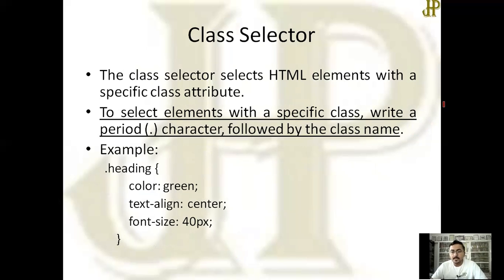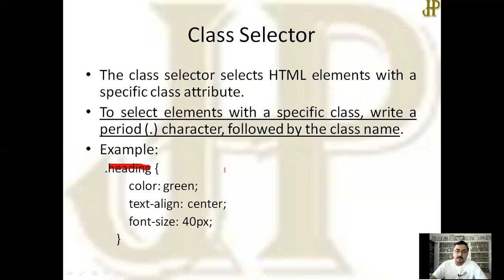We are occupying more than one element in one section, and that section is known as a class. And that class can be notified with dot operator. Whatever name you want to give, you can give, but it should start with dot.